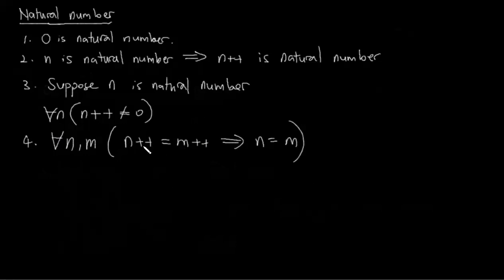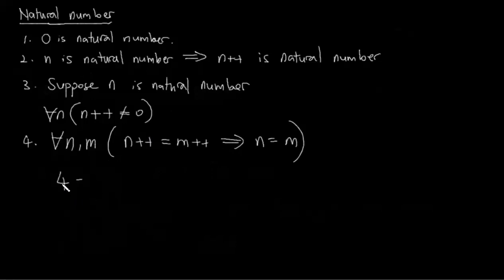This statement says that if the successor of a number equals the successor of another number, then those two numbers must be the same. It must not be another case which is different. So this is what axiom 4 is trying to tell us. Axiom 4 prevents 4 from equaling 3.